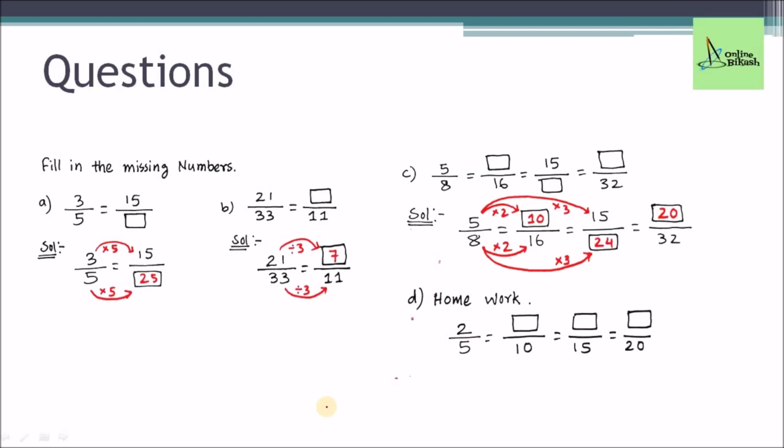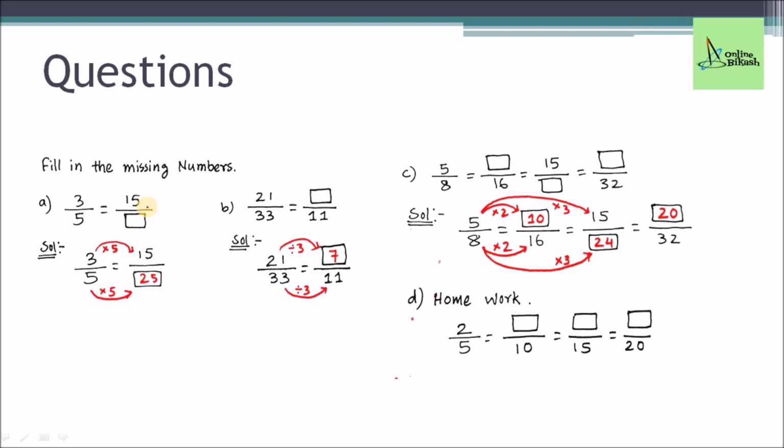Now fill in the missing number. Okay, there may be a question like this: fill in the missing number. You will be given 3 by 5 equals 15 by an empty box. Okay, now since there is the in between, this is what? Equal sign. Equal sign indicates that these two fractions, this 3 by 5 and this 15 by empty box, are equivalent fractions.